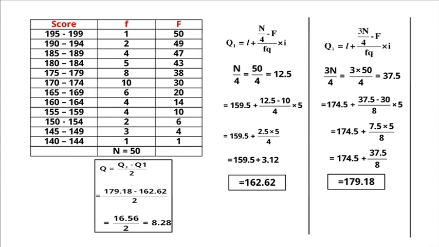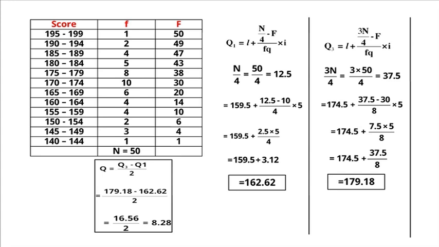Next, 145 to 149, frequency 3. So, 1 plus 3 is equal to 4. Next 2, 4 plus 2 is equal to 6. Next 4, 6 plus 4 is equal to 10. Then 4, 10 plus 4 is equal to 14. Then 6, 14 plus 6, 20. Then 10, 20 plus 10, 30. Then 8, 30 plus 8, 38.